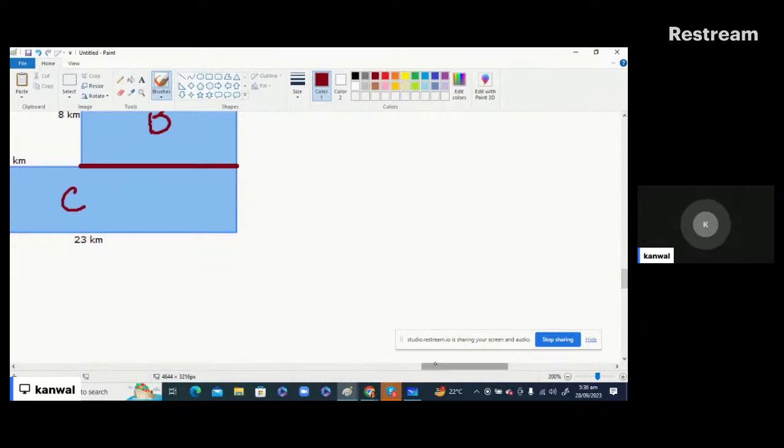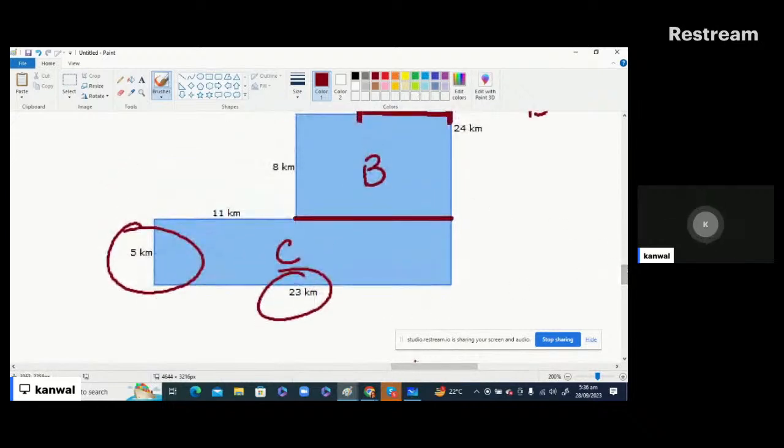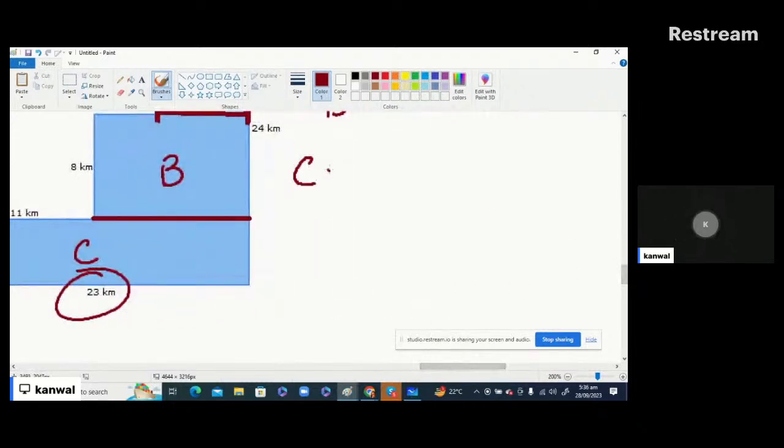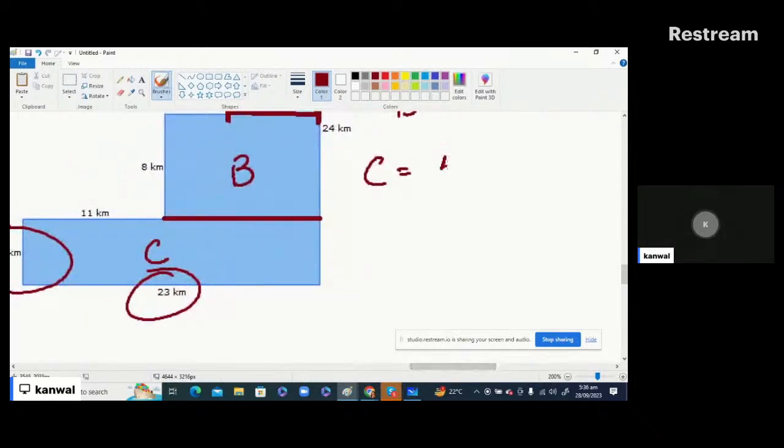Now let's do the last part of that, which is length is given and width is also given. Okay. So for the C part, how much the length? 5 kilometer. And how much the width?